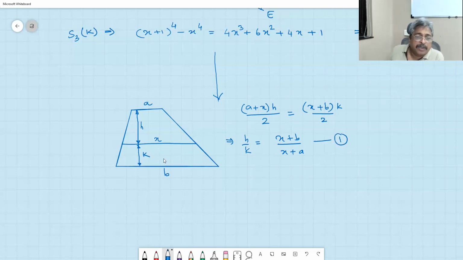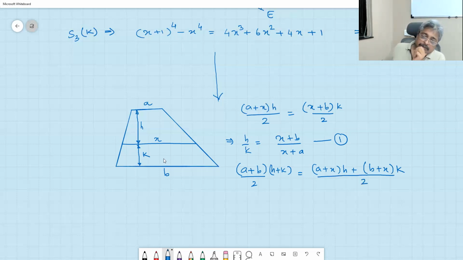What is the second information that you have? Each trapezium will have exactly half. That means a plus b upon 2 into h plus k is going to be equal to sum of these two, a plus x into h plus b plus x into k upon 2.